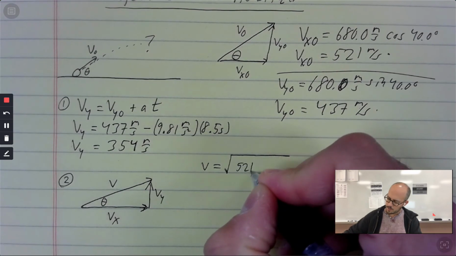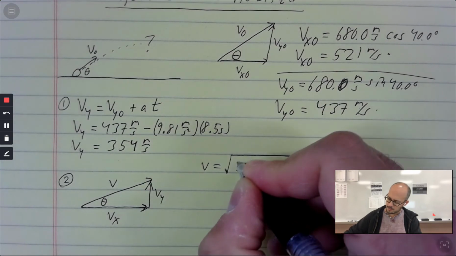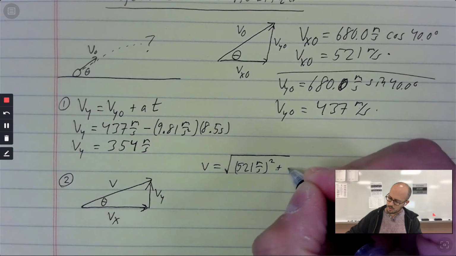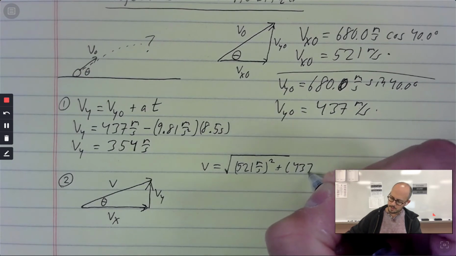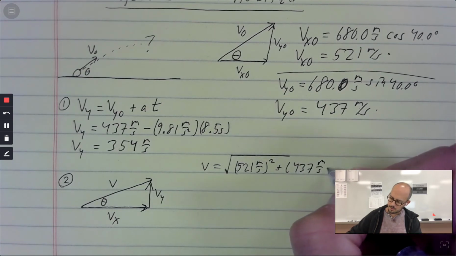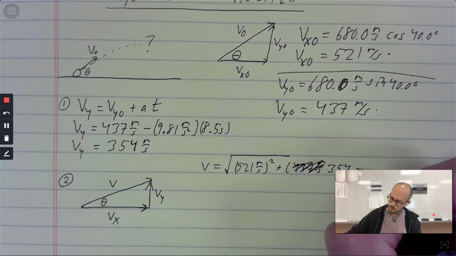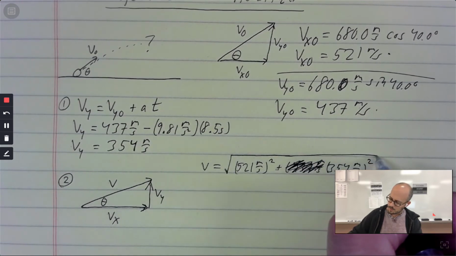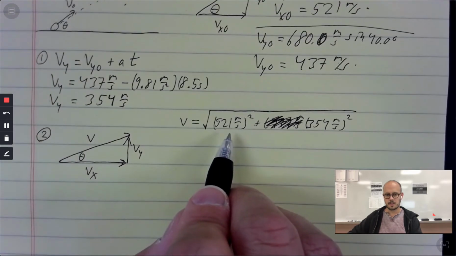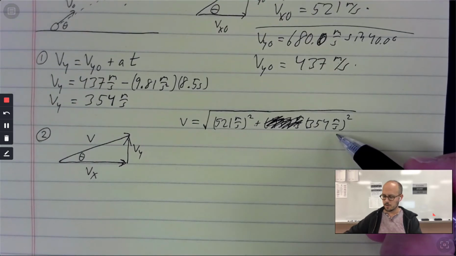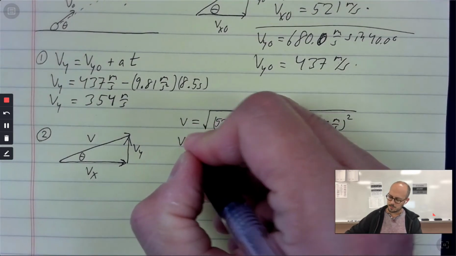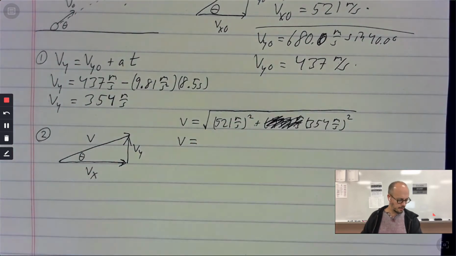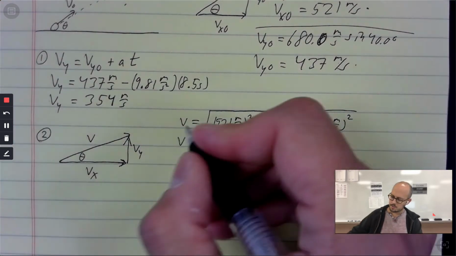So 521 meters per second squared plus, sorry, I messed that up, 354 meters per second squared. So just ignore that mess. I take the initial x velocity and the final y velocity and put that into the Pythagorean theorem, and I get the number 630.